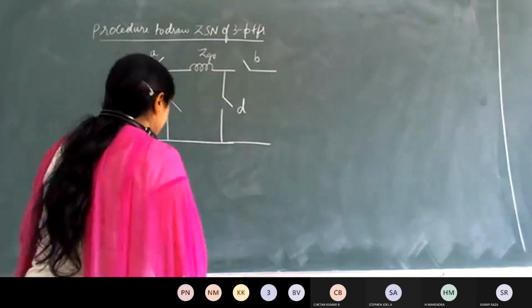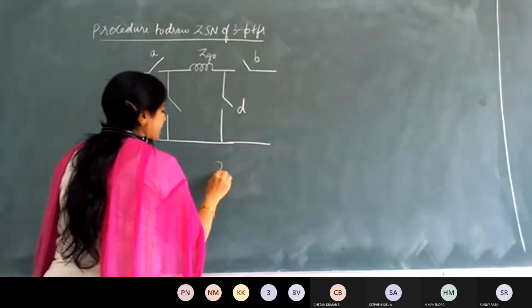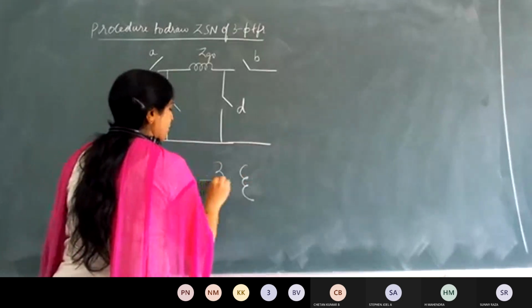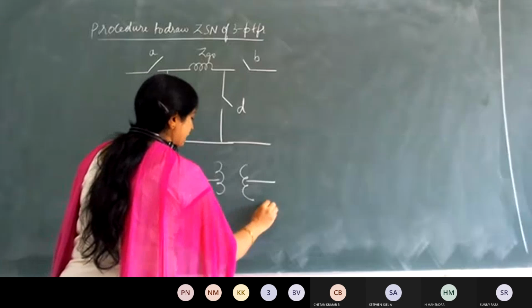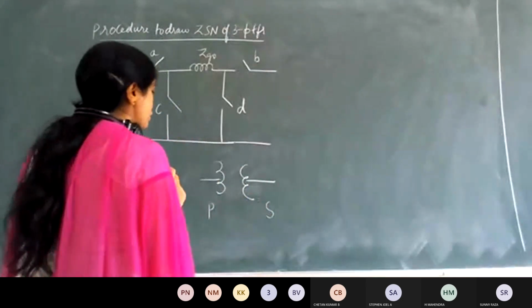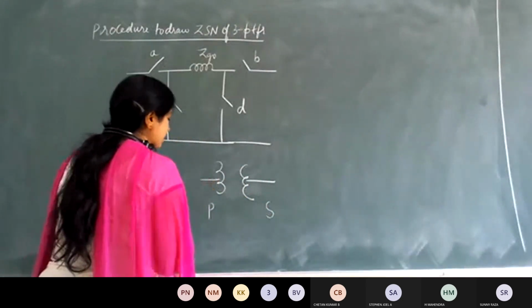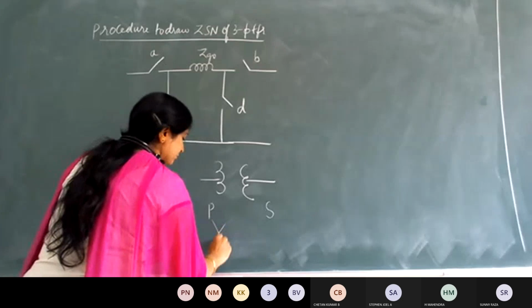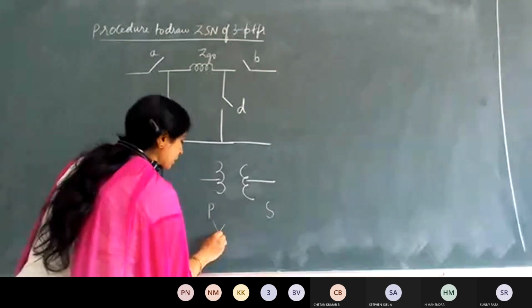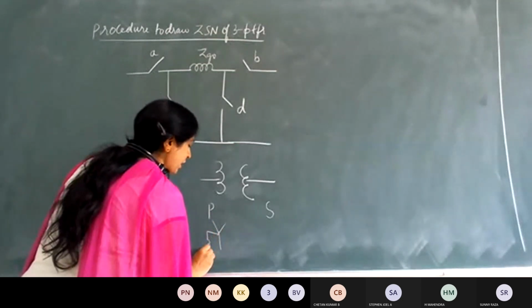Here, if you just have the basic transformer, we have primary and secondary sides, isn't it?